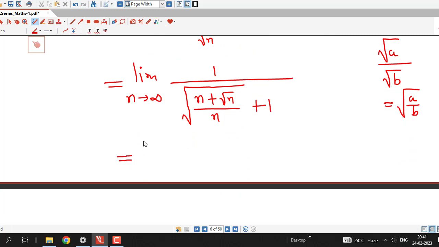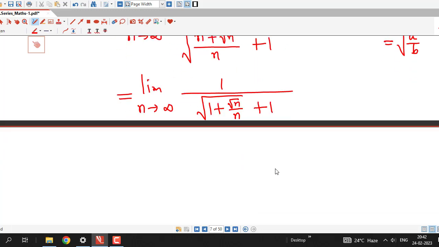Now we again simplify this denominator, limit n tending to infinity. Here I have 1 and here I have 1 plus, we write one more term, square root of n divided by n. N divided by n is 1, square root of n divided by n, and plus 1.